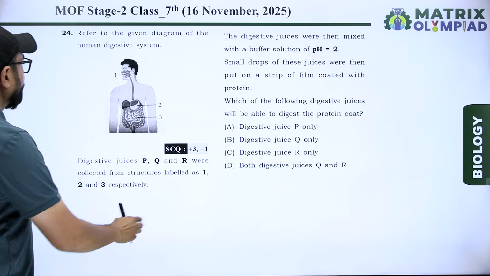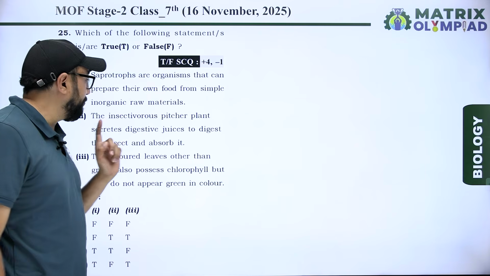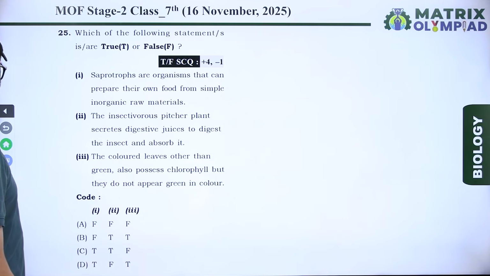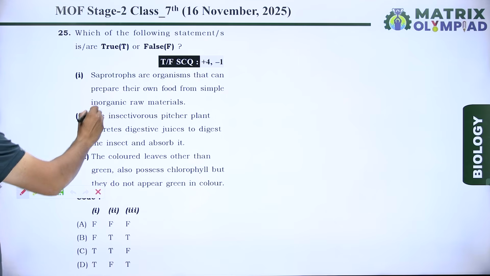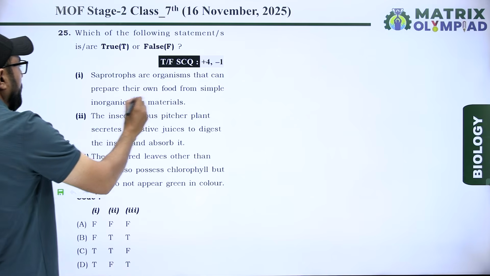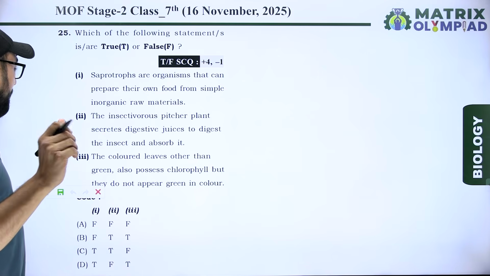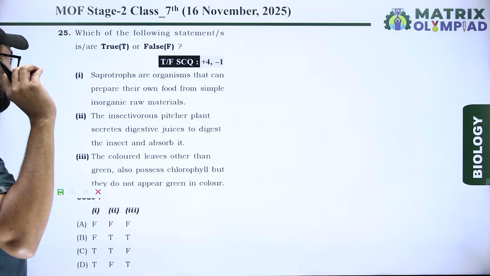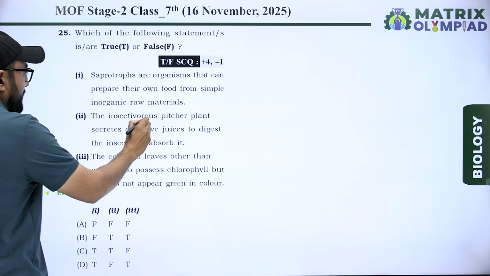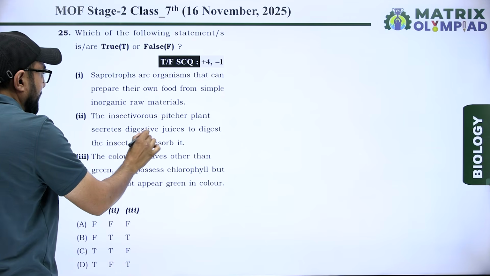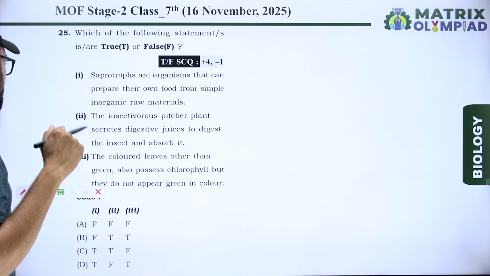Next question is, which of the following statements are true and false? First, saprophytes are organisms that can prepare their own food from simple inorganic raw material. That is wrong. Next, the insectivorous pitcher plant secretes digestive juice to digest the insect and absorb it.